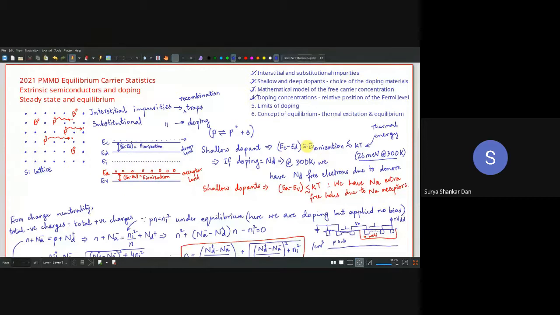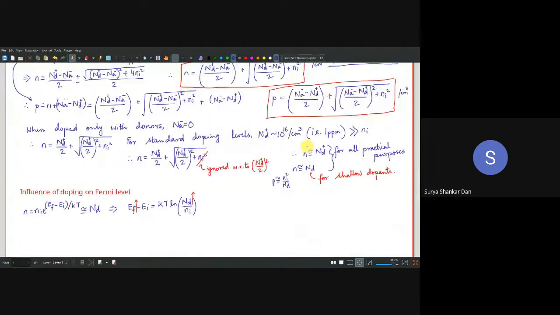Number 5 is limits of doping, which we already know. This is the standard we have already learned, a revision of what we discussed in previous lectures.